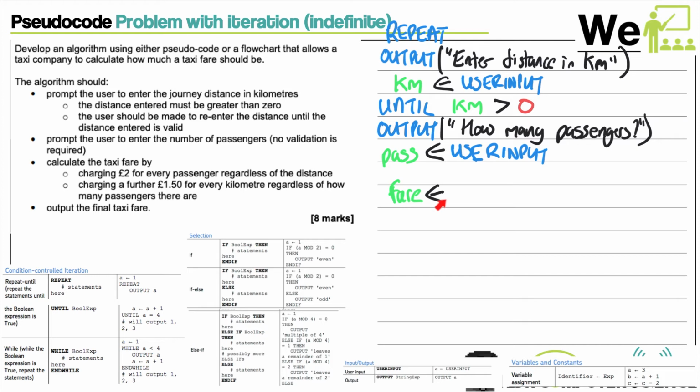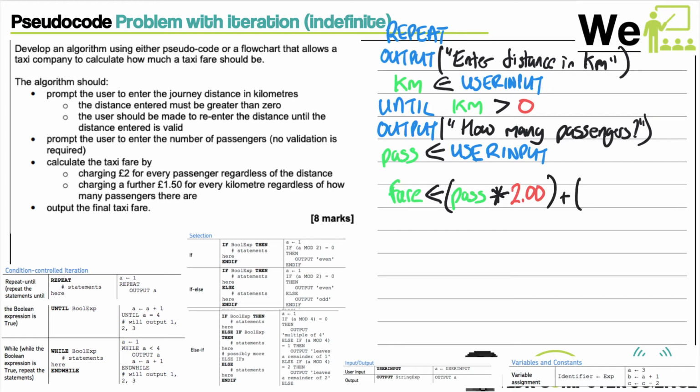So fare is going to be assigned £2 for every passenger, regardless of distance. So that's going to be passenger times by 2.00. In fact, it'd be good to put that in a bracket.